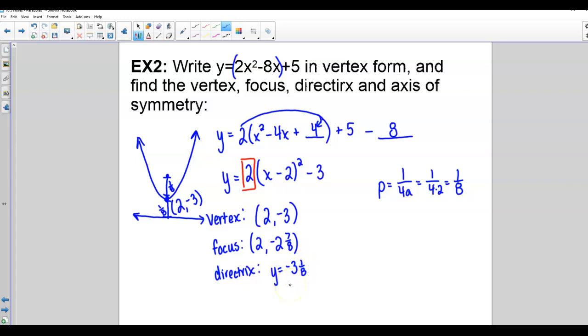So that's going to be the equation of your directrix. And then the last thing that you need is your axis of symmetry. So we're looking for the equation of this line that cuts that parabola right there in half. It is a vertical line. Vertical lines are always x equals equations, and the x-coordinate of that vertex is 2. So that would be our axis of symmetry, x equals 2.